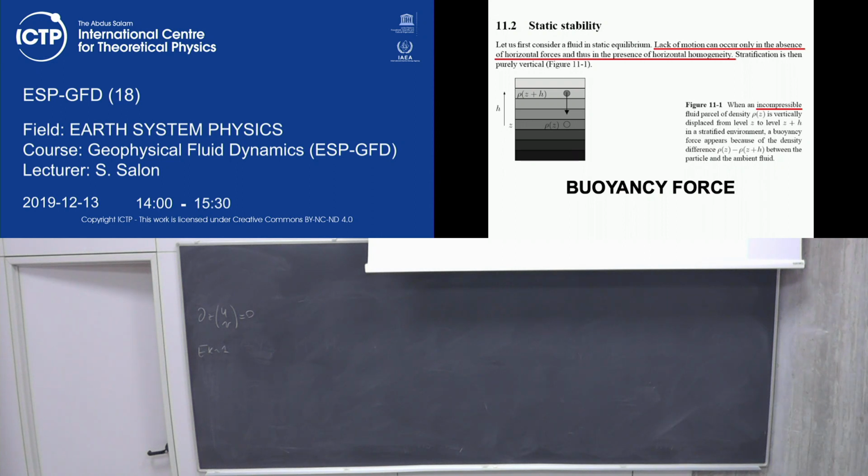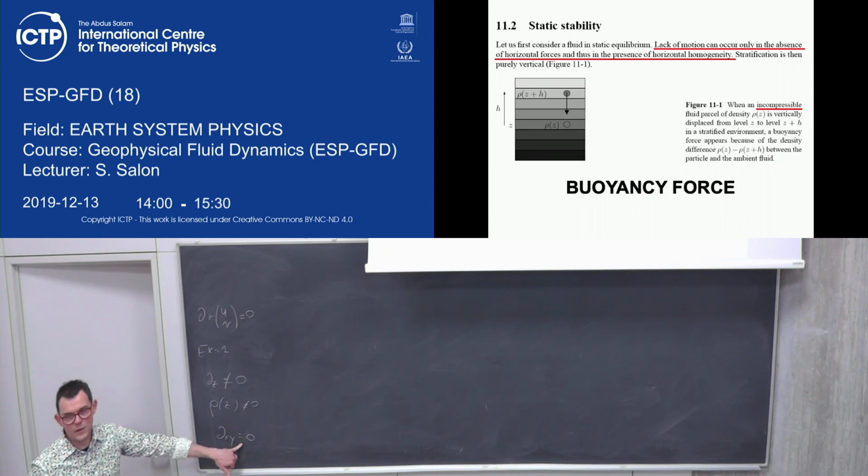What's happening with stratification? Completely different. For rotation, we have that delta x is equal to 0. For stratification, all the derivatives must be different from 0, because we have a variation along the vertical given by a function of z of the density perturbation, while we can consider, at least for the moment, that the variations along the horizontal are equal to 0.